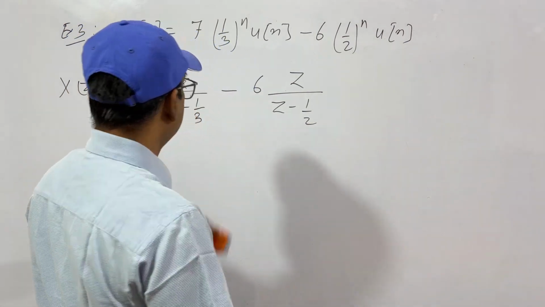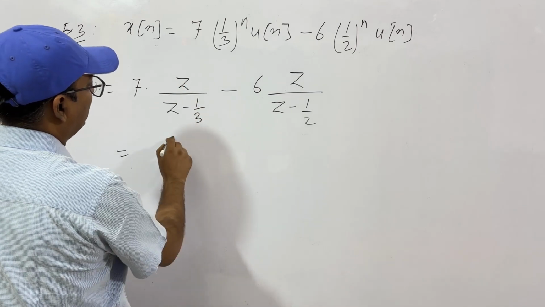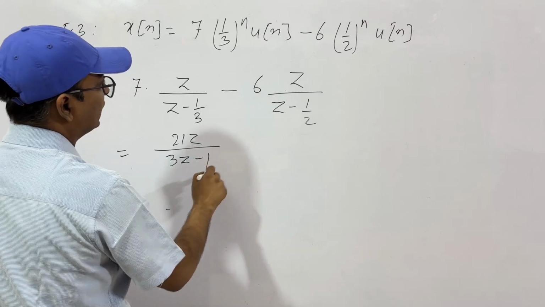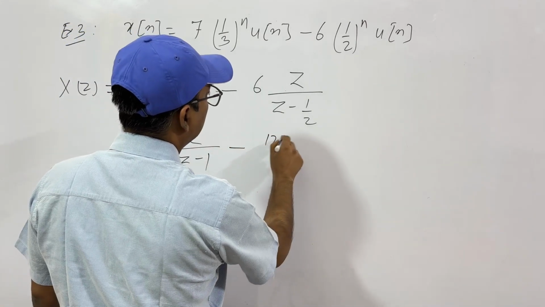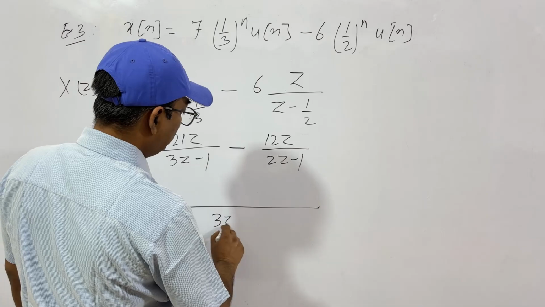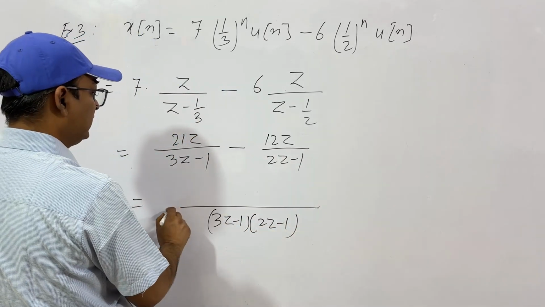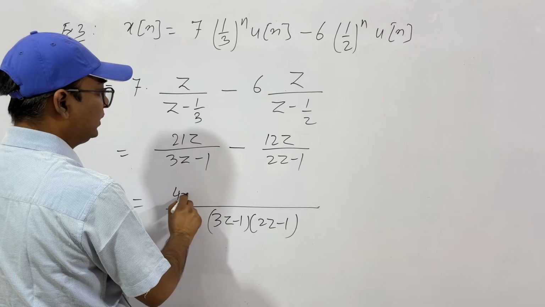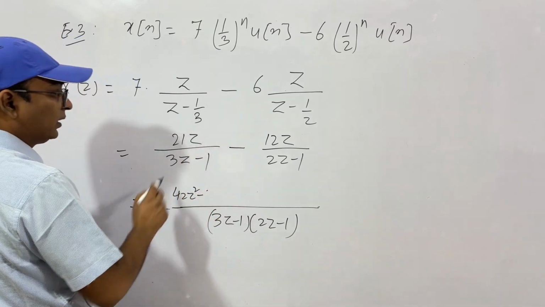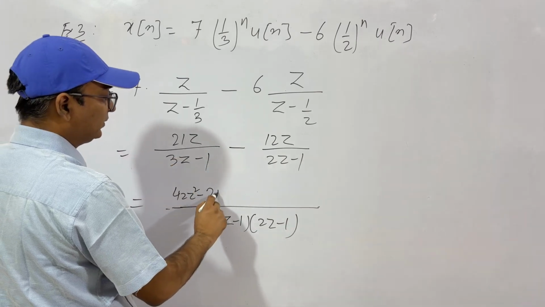Now let's see the expression. If you multiply, it will be 7 into 3z by 3z minus 1, and this is 12z by 2z minus 1. This is 3z minus 1, 2z minus 1. So here you will get 42z, sorry, this will be square. 21 to 42 is z square minus 21z.